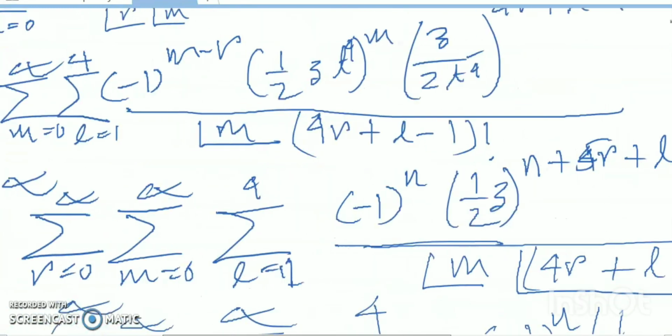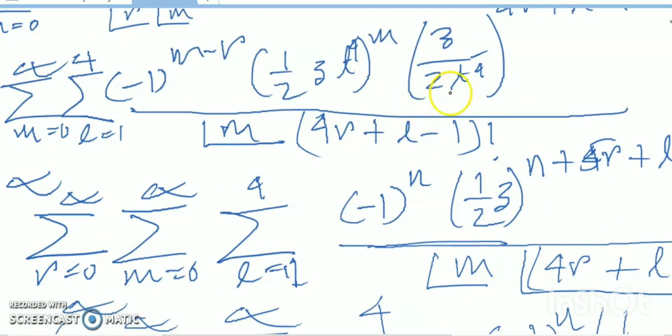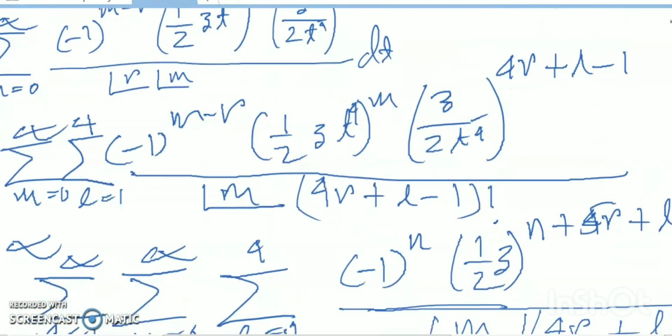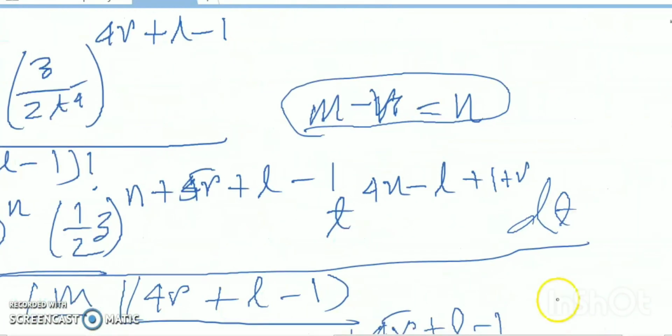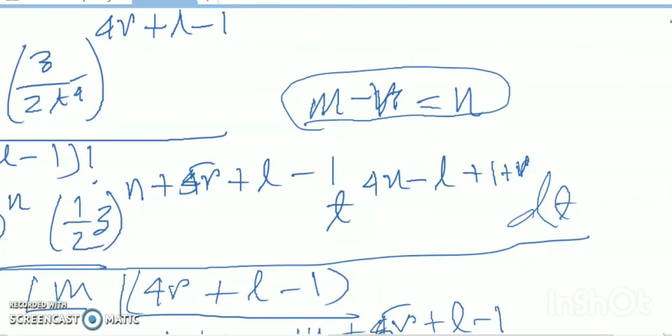So t to the power 4r, and this way you can get 4n minus l plus 1 plus r. Okay, so this value you can get in here.